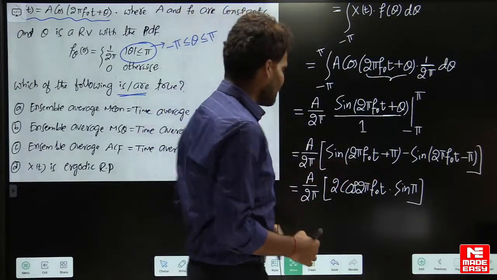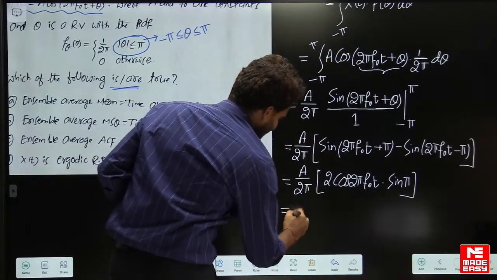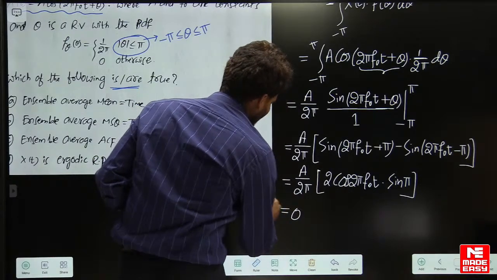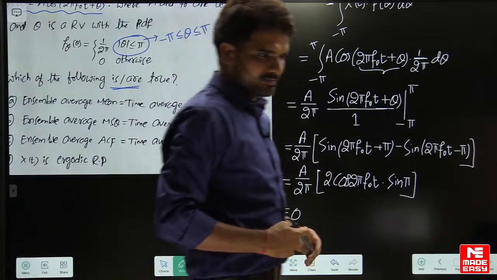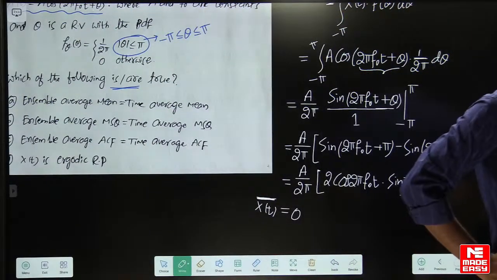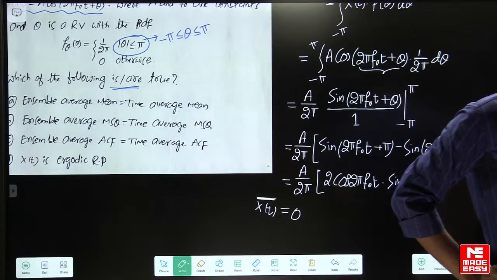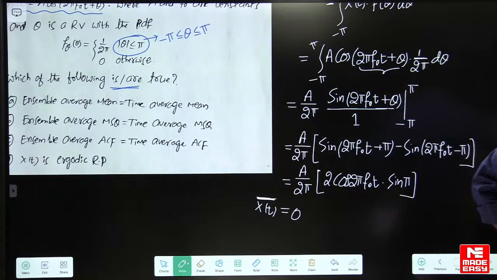Sine pi will be 0, so you will get 0. So the ensemble mean we are getting is 0.